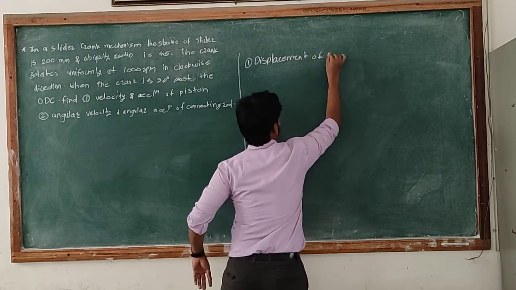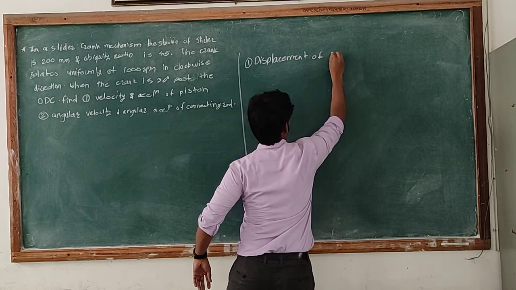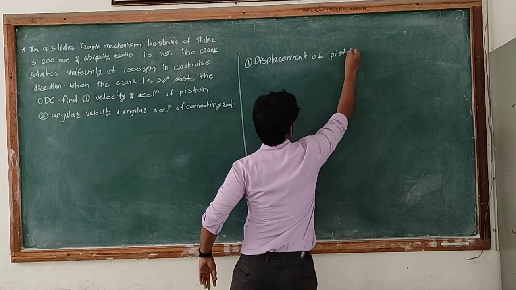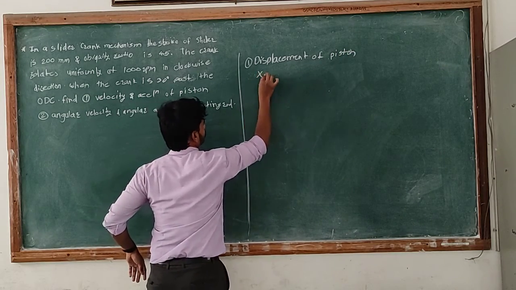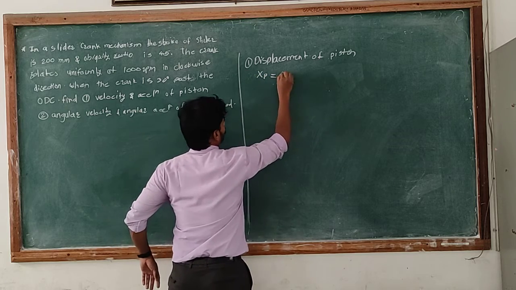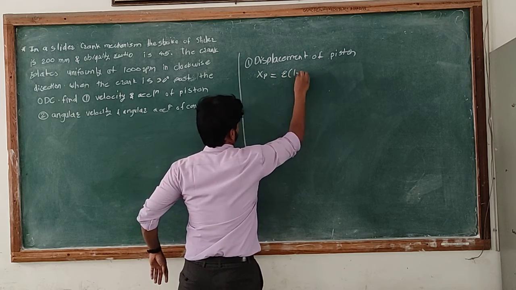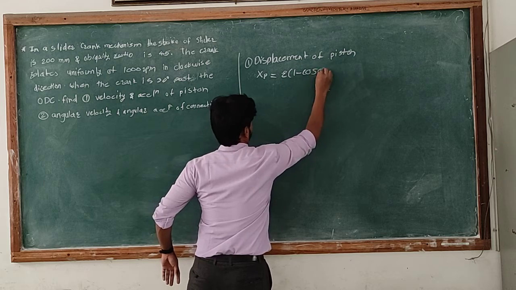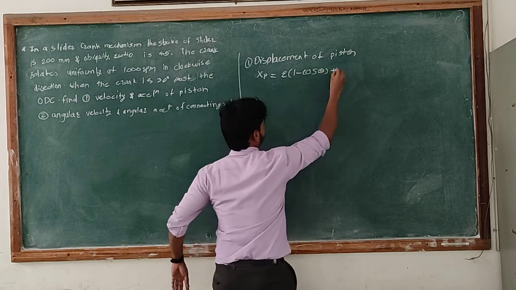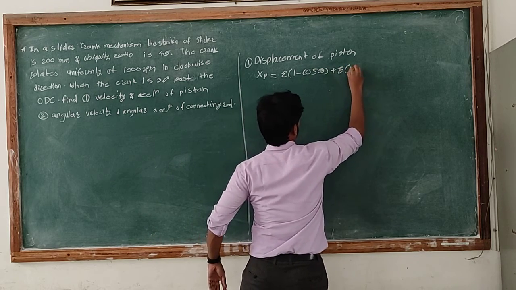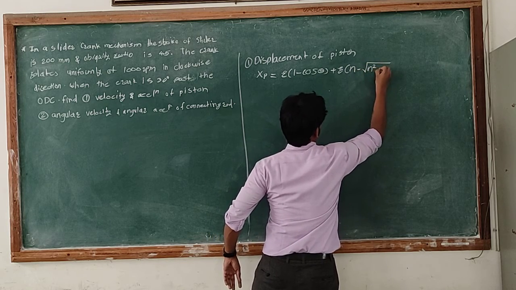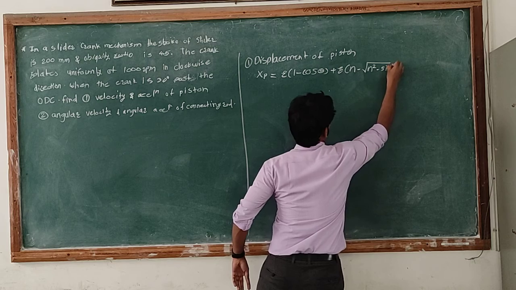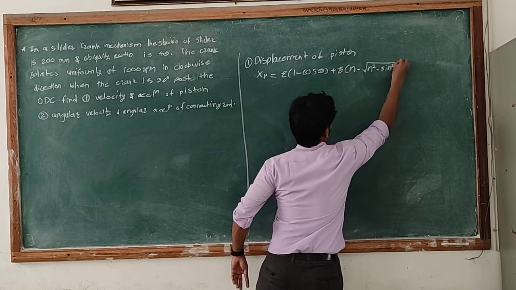The first formula is the displacement of the piston, denoted by xp. xp is equal to r into (1 minus cos theta) plus r into (n minus square root of n square minus sin square theta).